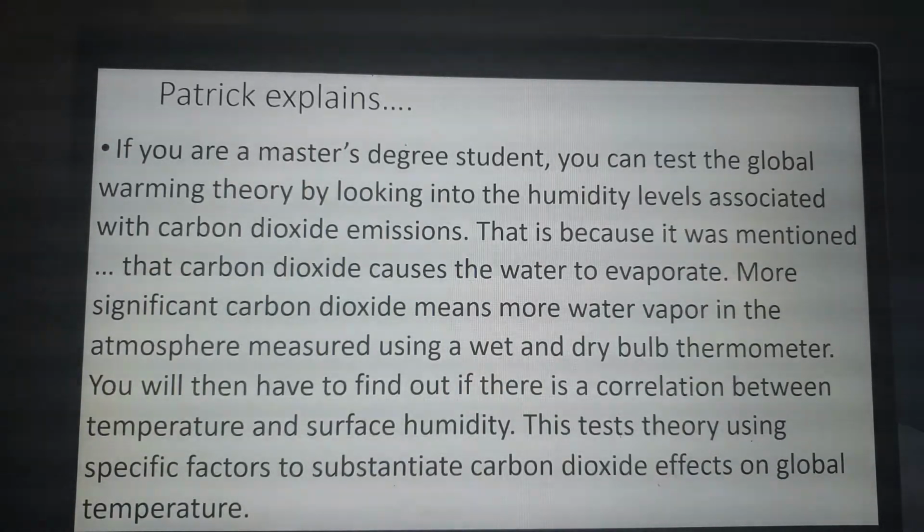More carbon dioxide means more water vapor in the atmosphere, measured using a wet and dry bulb thermometer. You will then have to find out if there is a correlation between temperature and surface humidity. Now, this tests theory using specific factors to substantiate carbon dioxide effects on global temperature.